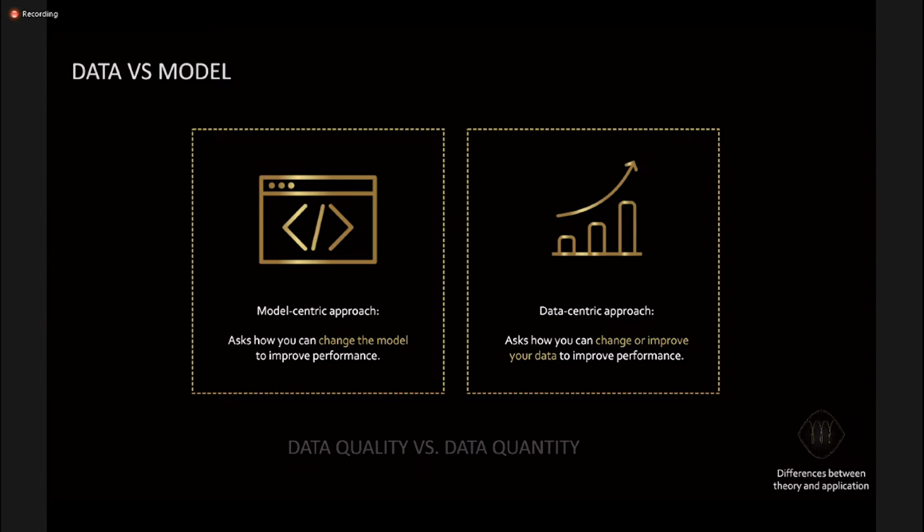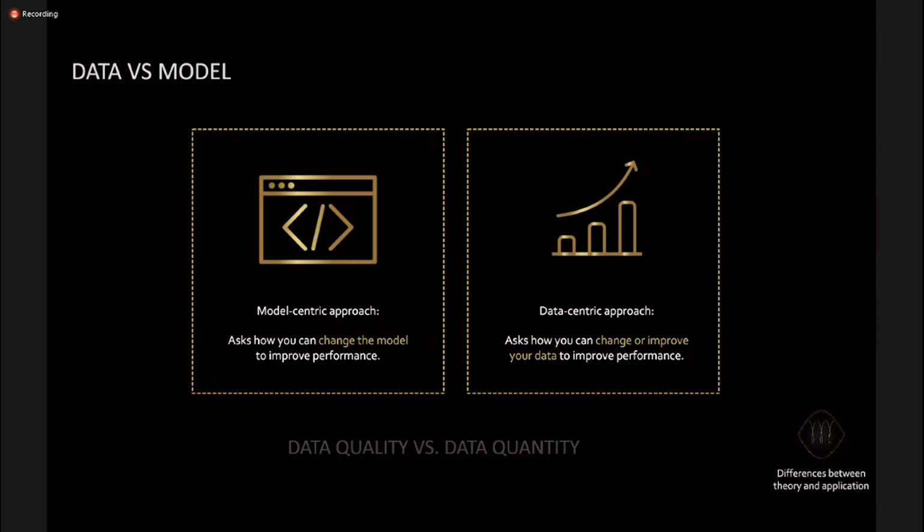So basically here you're focusing on data. How can I clean my data, or how can I have a better data set that's going to give me better performance, no matter the model? This data-centric approach is what the industry is moving towards.